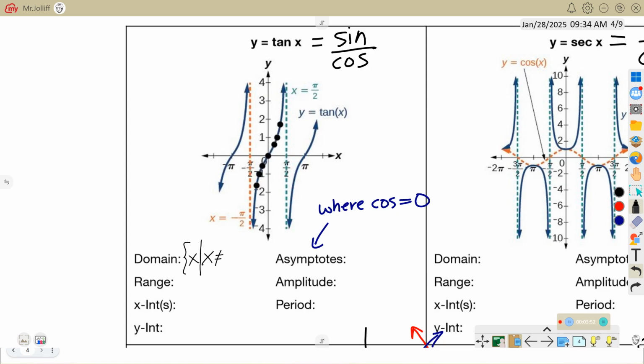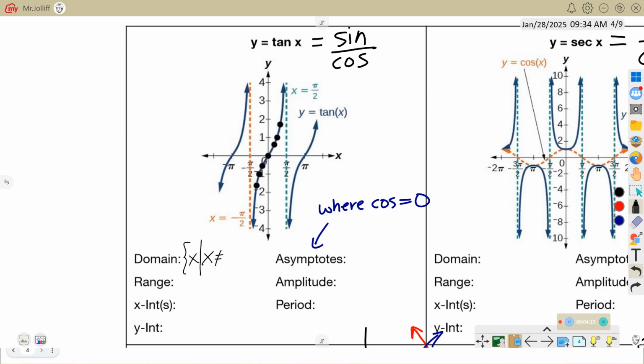So let's look for patterns in where those asymptotes are showing up. So first asymptote I see is plus pi over 2. The other asymptote they show is negative pi over 2. How far apart are those asymptotes? Half a pi gives me a whole pi.